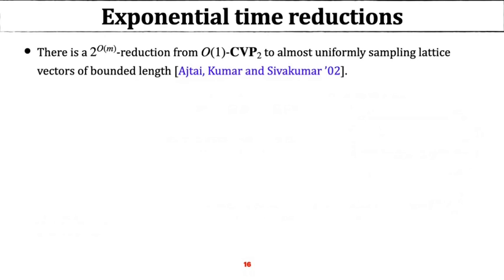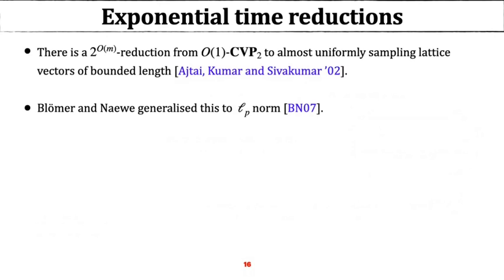They gave a 2 to the big O of m reduction from constant approximation of CVP in L2 norm to a variant of SVP, and the variant is to almost uniformly sample lattice vectors within a sphere. Even for this reduction, we don't know what the constant in the exponent is, and they use this reduction to give an algorithm for CVP by using an algorithm for SVP.